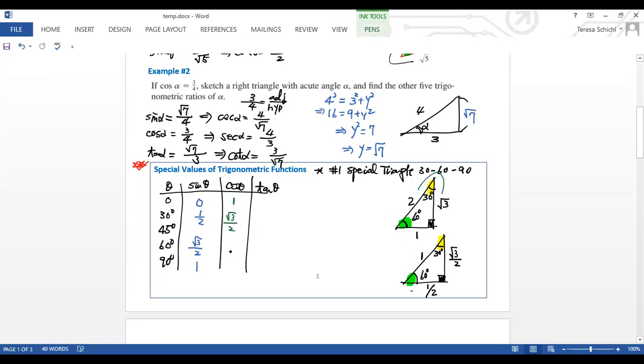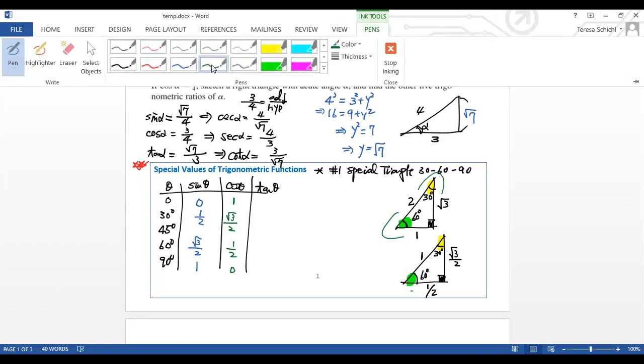I'm going to save this one. Then cosine 60, we can say cosine 60 is this way, so it's 1/2. Then cosine 90 is 0, right?